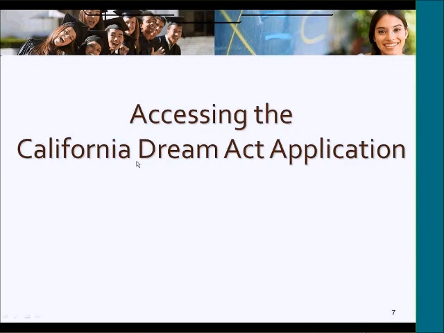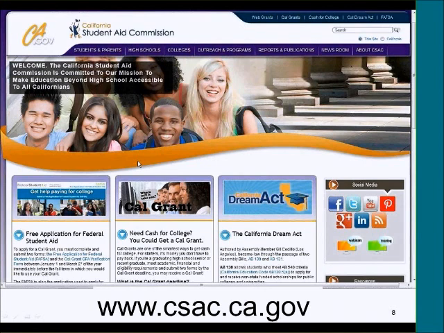So how do we get to this California DREAM Act application? More than a year ago, about 16 months ago, we were asked by some of the educational segments, the CSU and community colleges, could you create a statewide application to allow this student population to complete a single application to apply for the benefits at all the colleges and to get Cal Grants?